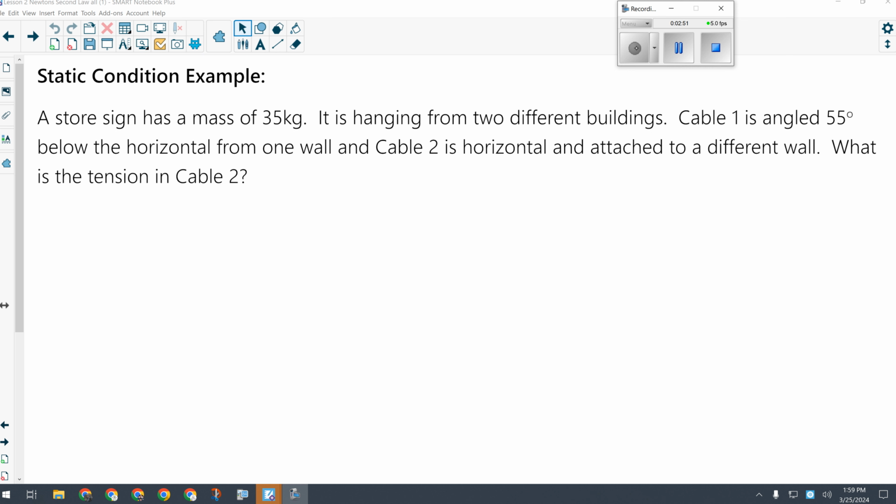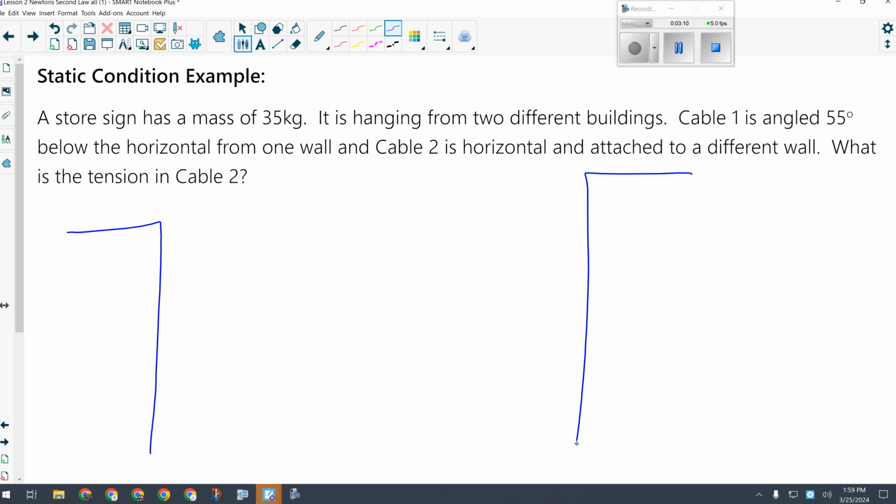Okay, so let's look at this particular static condition example. So we have a store sign that has a mass of 35 kilograms, and it's hanging from 2 different buildings. All right, so I'm going to draw this first building here. There's the first building, okay, and here's the second building. Right, and it says cable 1 is angled 55 degrees below the horizontal.